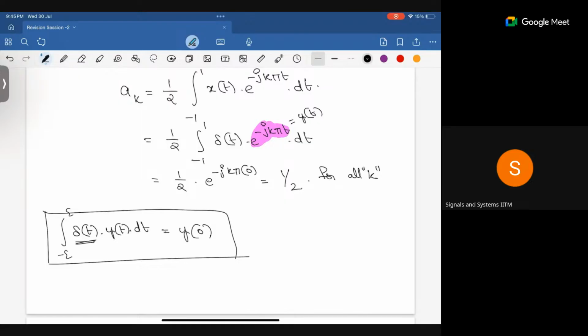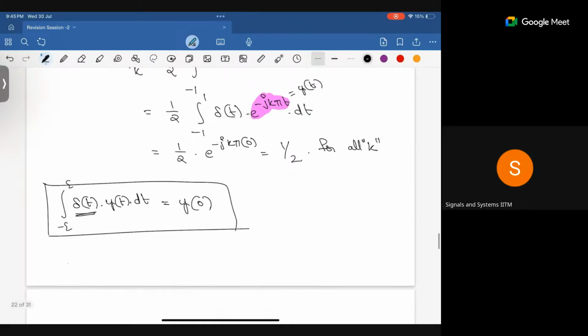Right, so therefore I can write the Fourier series expansion of x(t) as the summation from k equals minus infinity to plus infinity of half e^(jkω₀t), where ω₀ is π.